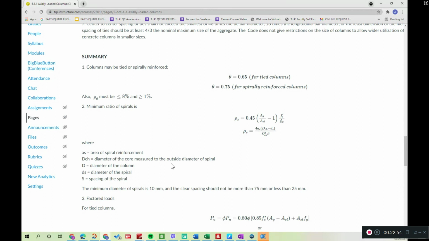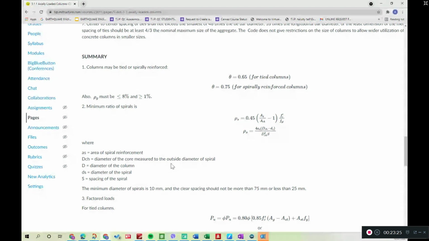So when you wind that, the ties, of course, if you can imagine it, it's up to the outside of the spiral. That's why it says it. So it's not in the interior of the spiral, because the spiral clasps the vertical bars.